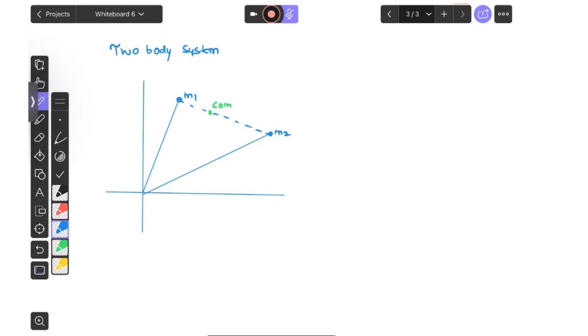In this case, the center of mass lies on the line joining the masses and divides it in the inverse ratio of their masses.